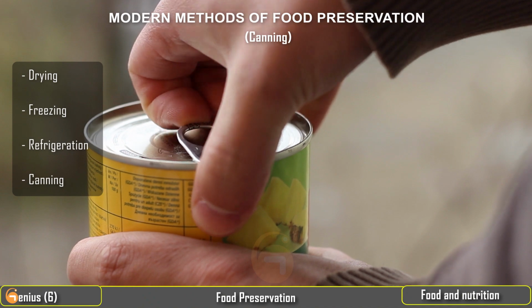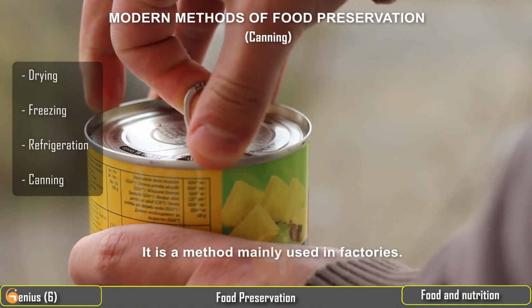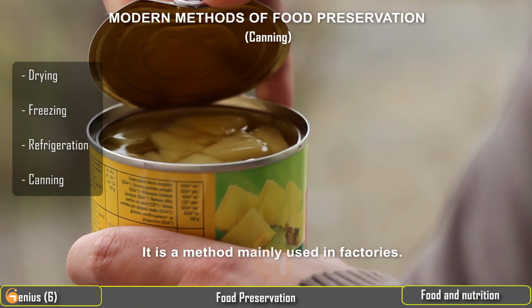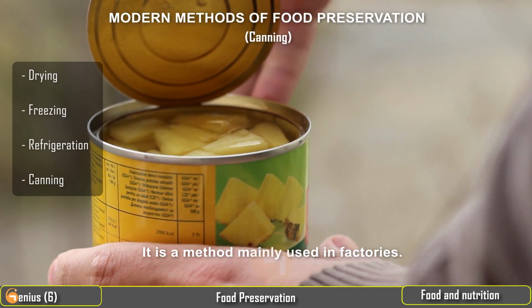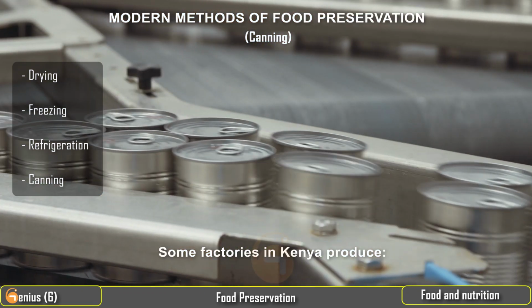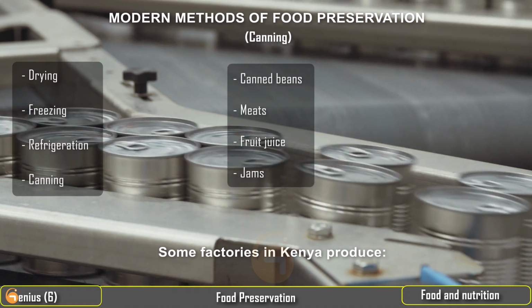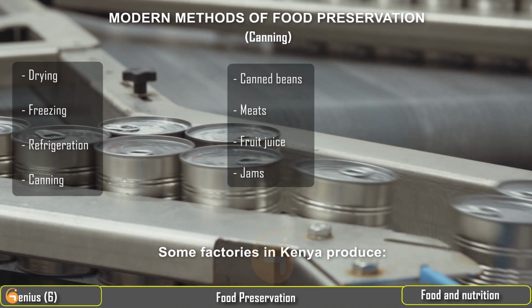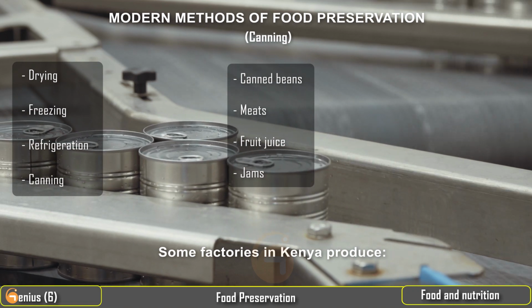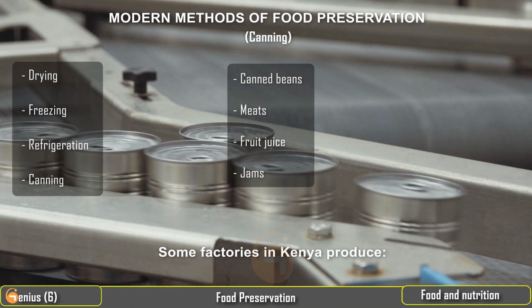Canning. It is a method mainly used in factories. Some factories in Kenya produce canned beans, meats, fruit juice, jams.